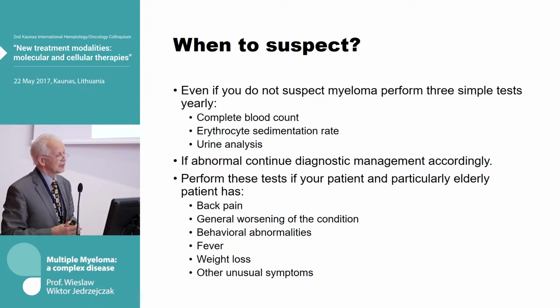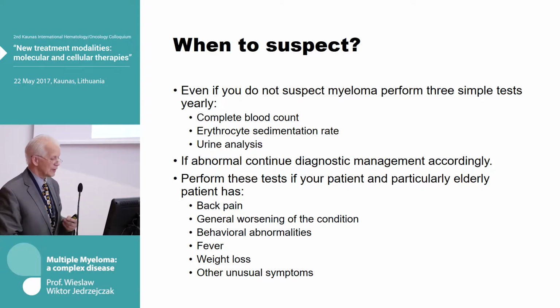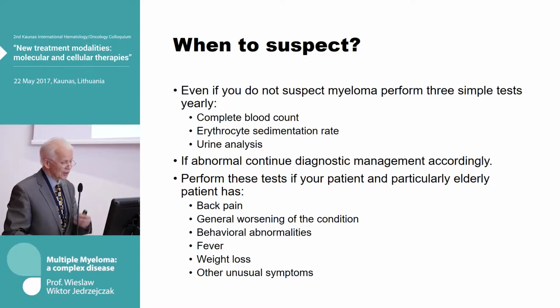Generally, even if somebody is not suspecting myeloma, it is quite important to perform at least once a year three simple tests, which include complete blood count, erythrocyte sedimentation rate, and urine analysis. And this may point out that somebody is suffering from either myeloma or a preceding pathology like monoclonal gammopathy.